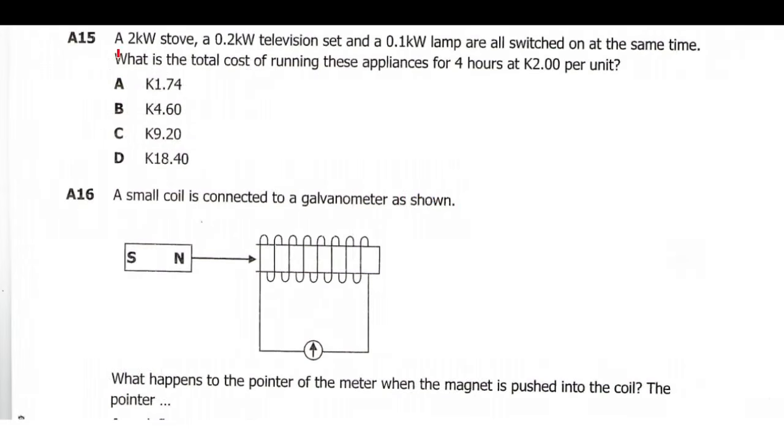Then 15 reads, a 2 kilowatt stove, a 0.2 kilowatt television set, and a 0.1 kilowatt lamp are all switched on at the same time.